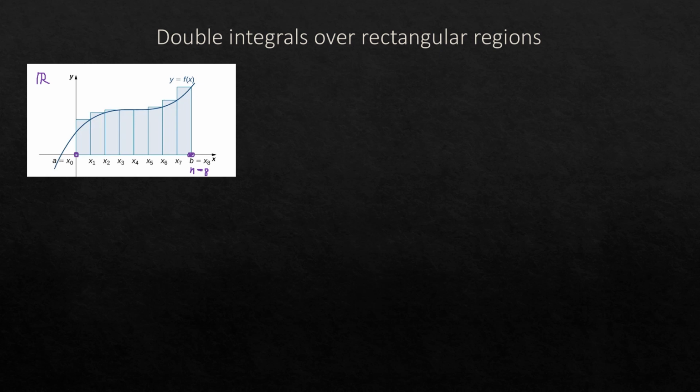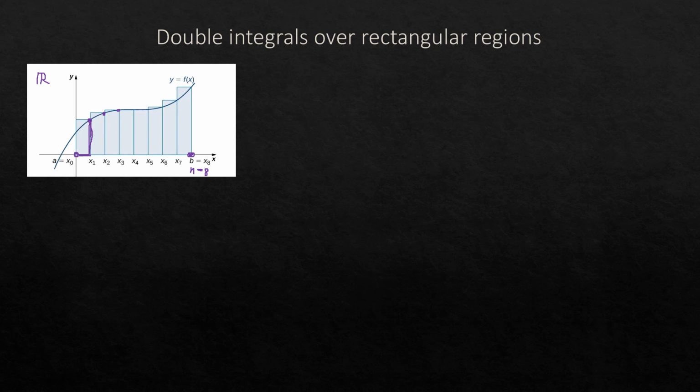And then we know what this length is, and we can pick a point. It could be left point, right point, middle point, or just any random point. So in this case, this picture looks like we're using right point. Compute the value of our function at each of these right points.